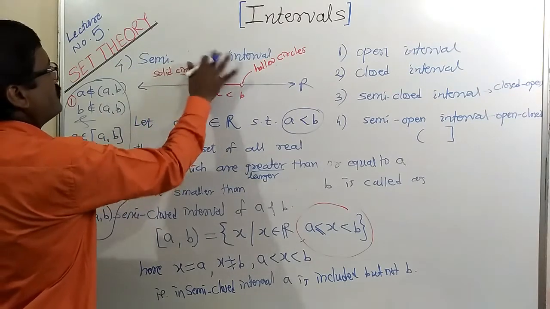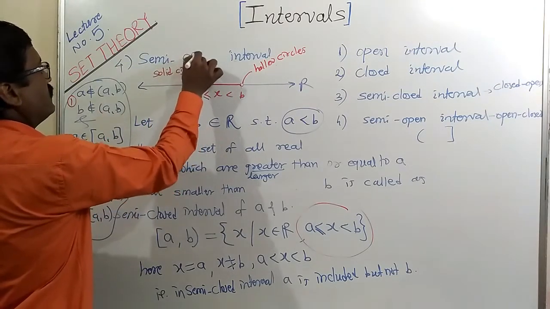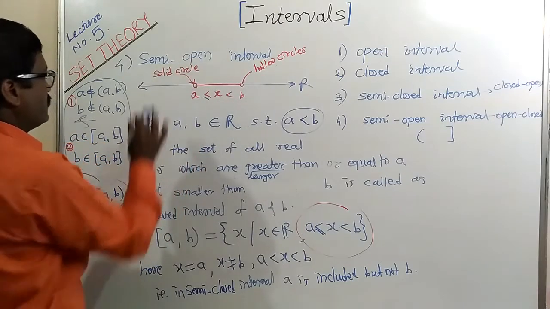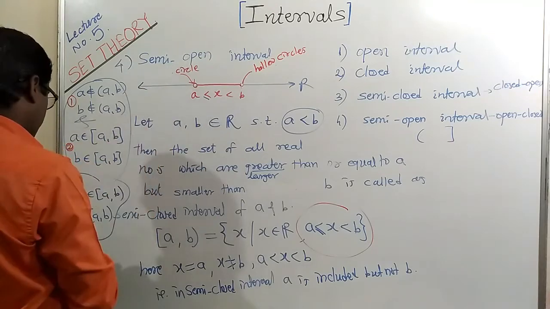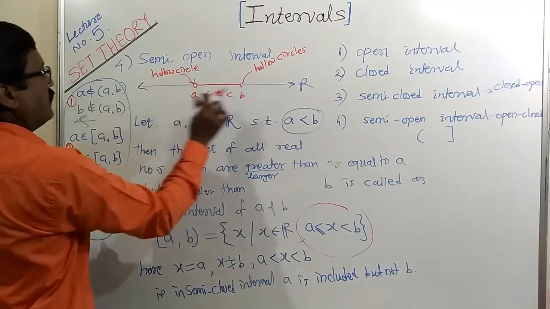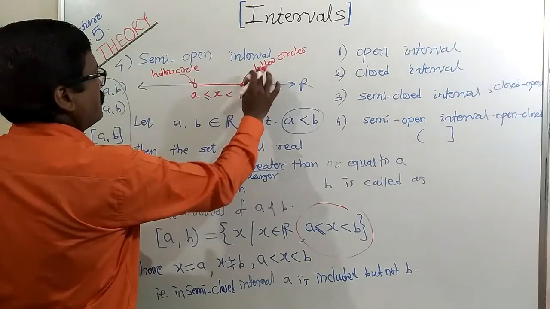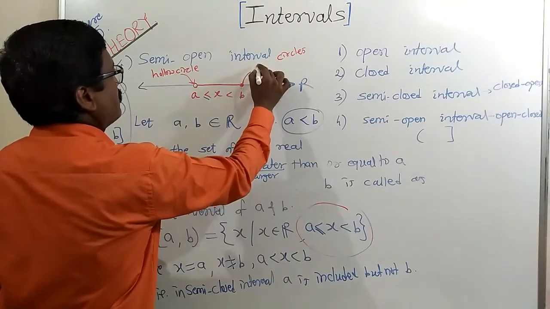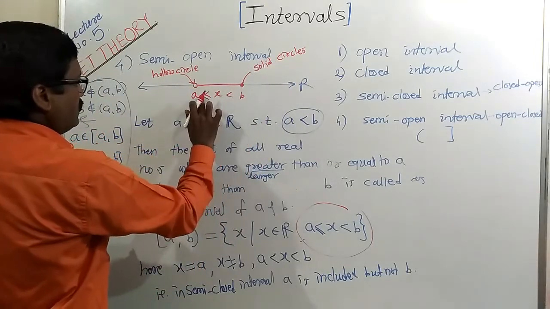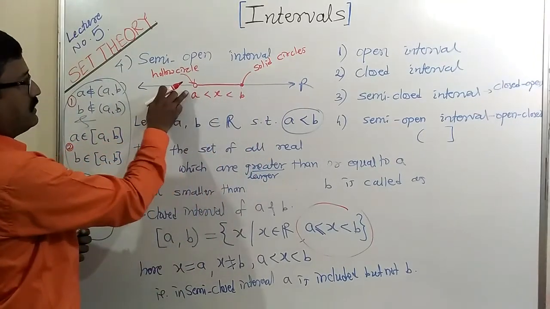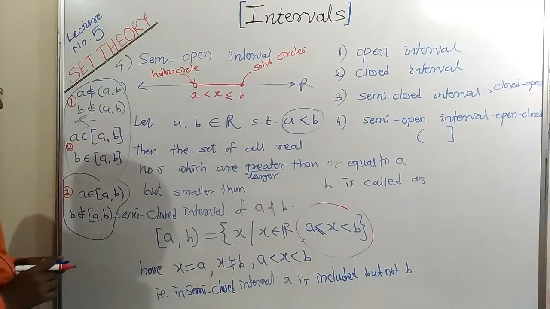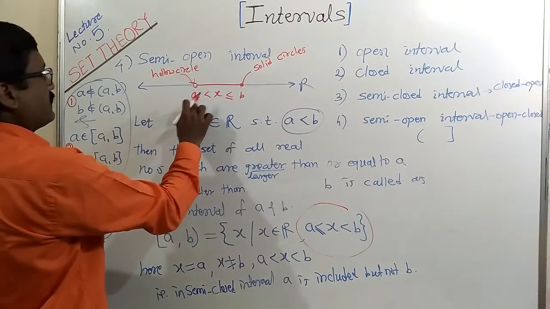Instead of closed open, here this circle is a hollow circle, and this circle is a solid circle. So here A is not included but B is included, means the value of x may be equal to B, less than B, or greater than A.